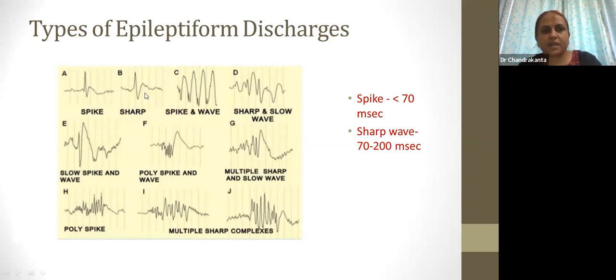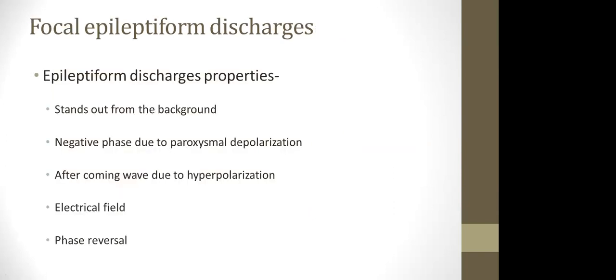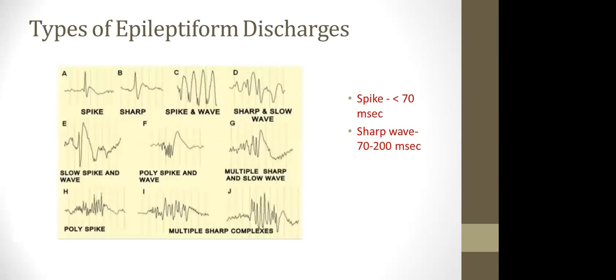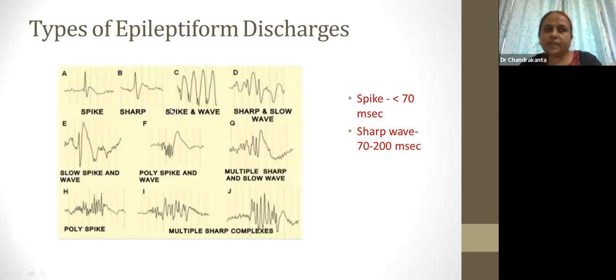And these spike and sharp are often followed by the slow wave. So an epileptiform pattern can be a spike wave pattern like this, spike followed by a slow high voltage wave, or it can be a sharp and wave complex, or the other variety may be a polyspike wave pattern.